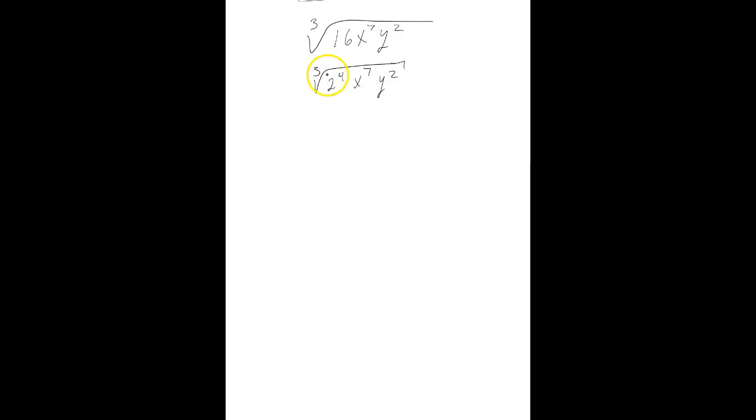Now 3 goes into 4 one time, so the 2 comes out, 2 to the 1st, with 1 remaining, so 1, 2 has to stay underneath. 3 goes into 7 2 times, so x squared comes out. 2 times 3 is 6, so there's 1 remaining, so x to the 1st stays underneath. 3 doesn't go into 2 at all, so y squared stays. And that's how you can quickly do the problem we just did above.